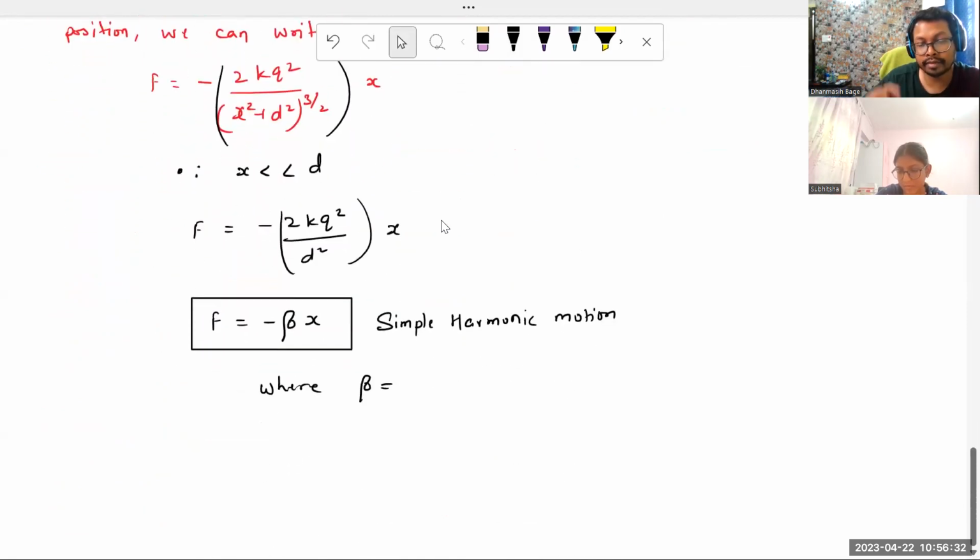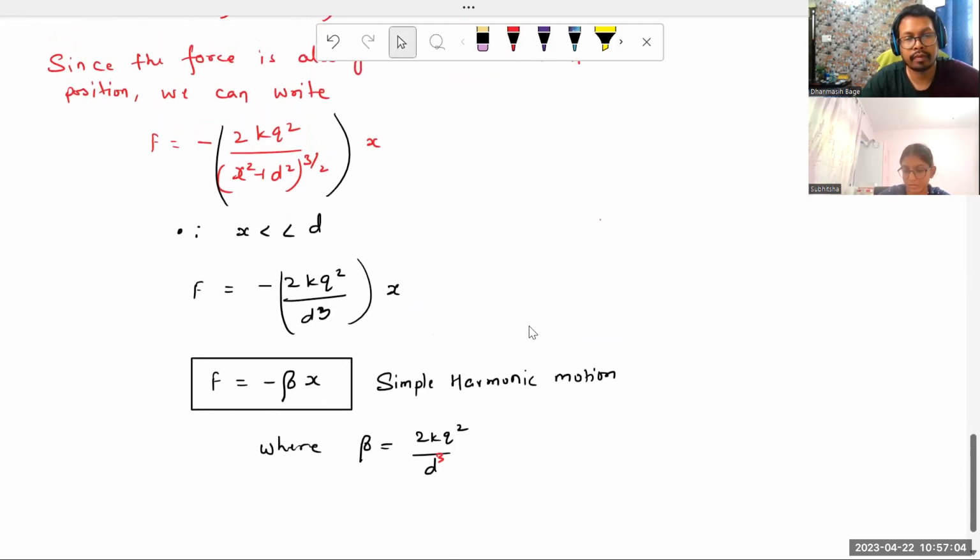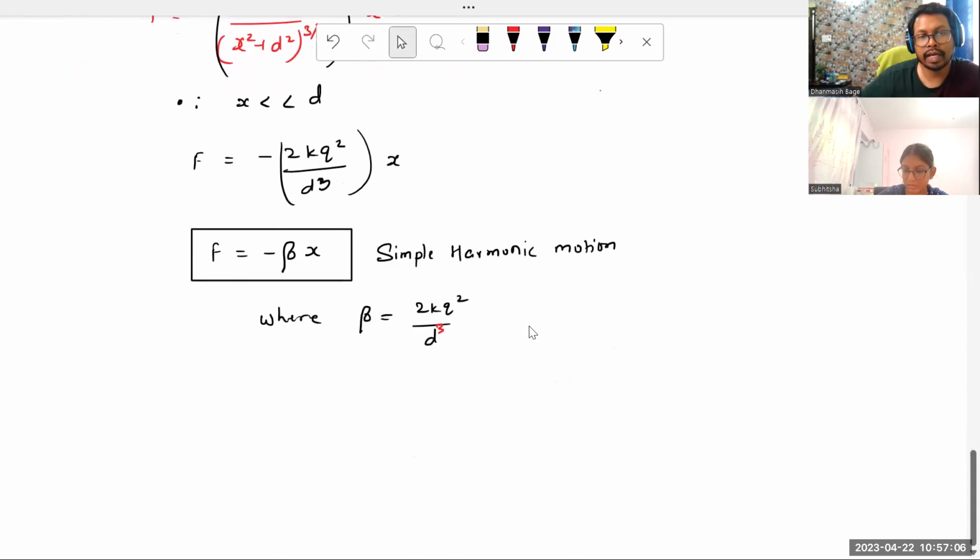So don't put this thing, just keep it in mind that k is 1 by 4 pi epsilon naught. I'm not using that. So here beta is simply equal to 2k q square by d square. Sorry, d cube, right? My mistake. D square is cancelled. This is d cube.